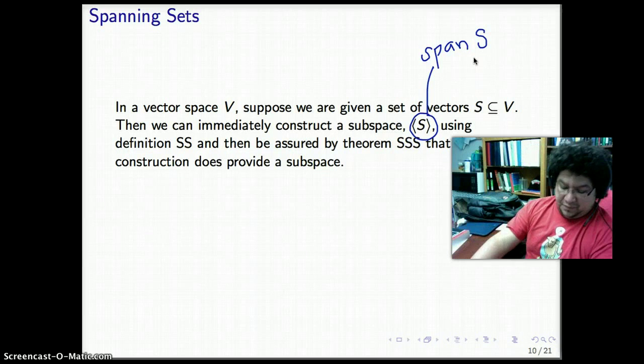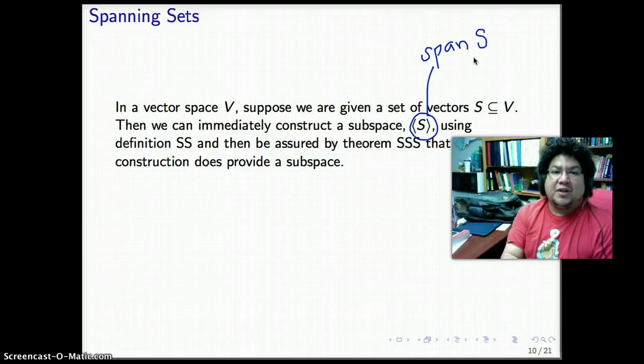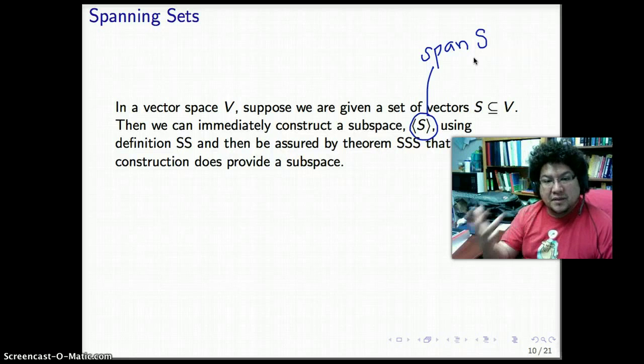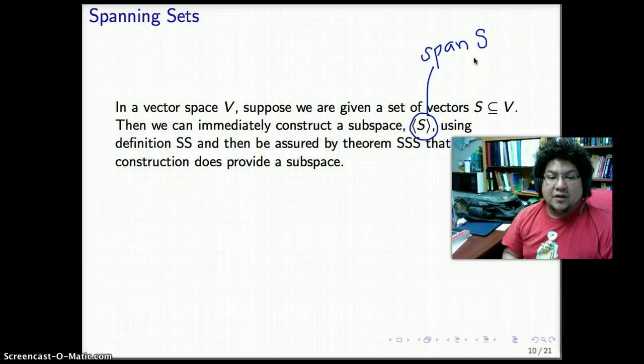So reading this, suppose in a vector space V we are given a set of vectors S, and then we can immediately construct the span of S as a subspace using the definition pointed out here, and we can be assured by a theorem that the construction provides a subspace. So the span of a set is always a subspace of the vector space where the set resides.